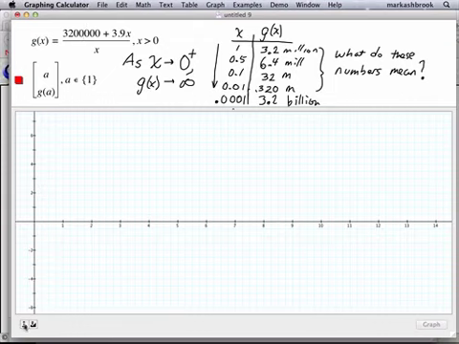I got to zoom way out, right? Right now I'm in the tens. Now I'm in the hundreds, thousands, 100,000s. There it is. So now 3.2 million, average cost for 1 gallon. Okay, average cost for 1 gallon.